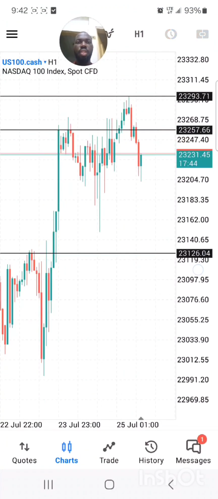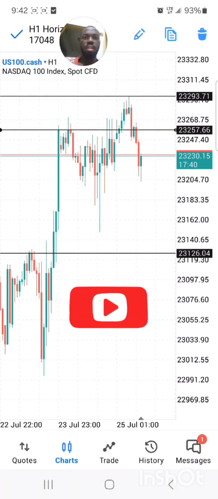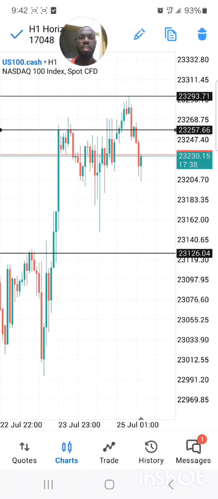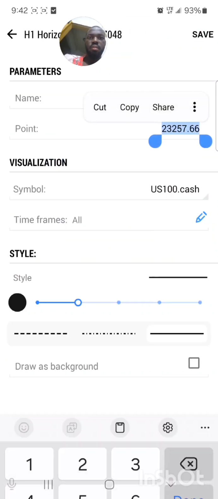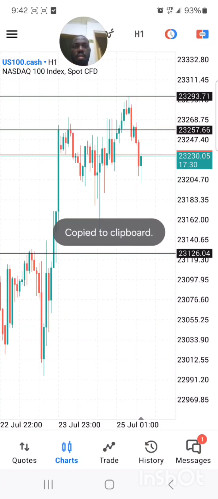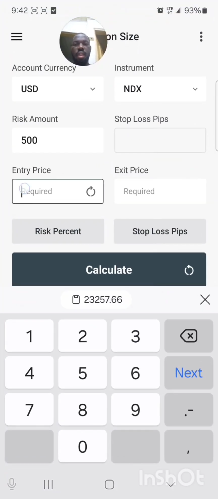which is this on the US 100, is 23257.66. So we'll copy this figure, and then we'll go back to our calculator and enter the entry, which is this.